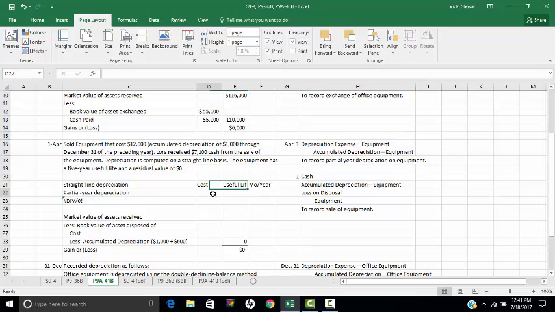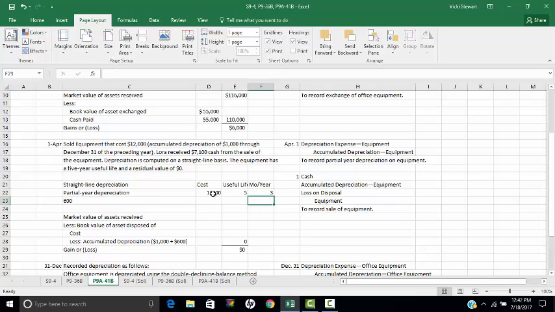So we're going to calculate that depreciation starting off with the cost of $12,000. There's no residual value, so there's nothing to subtract there. The problem states it had a 5-year useful life, and we had it for 3 months, January, February, and March, before we sold it.